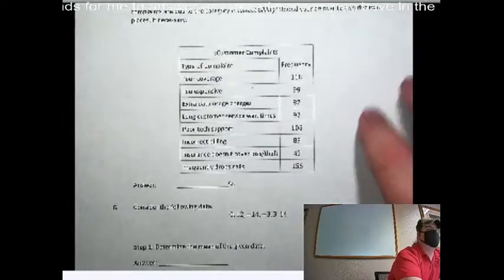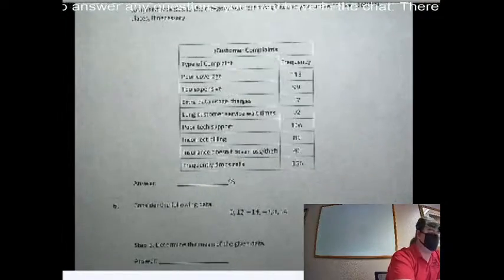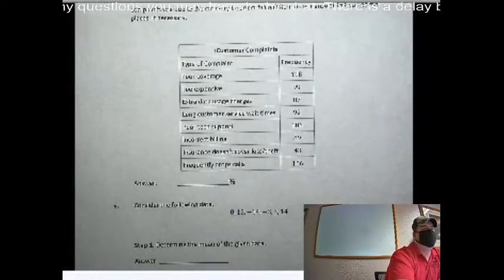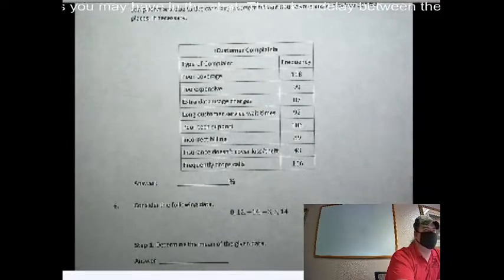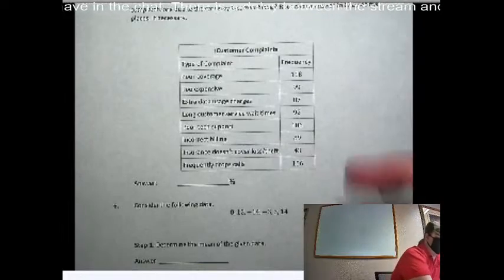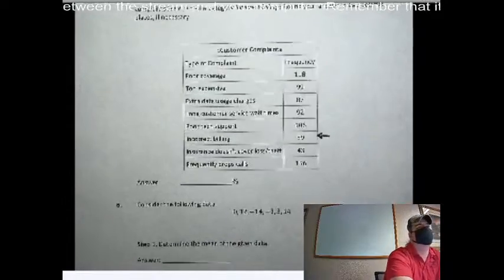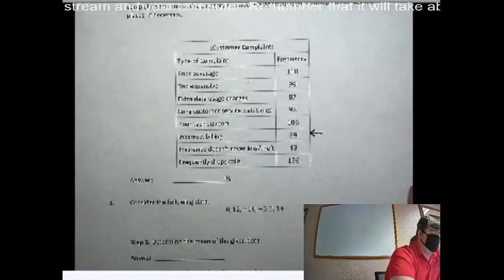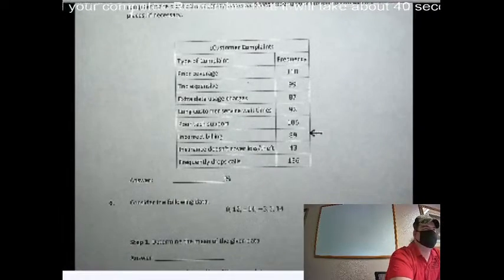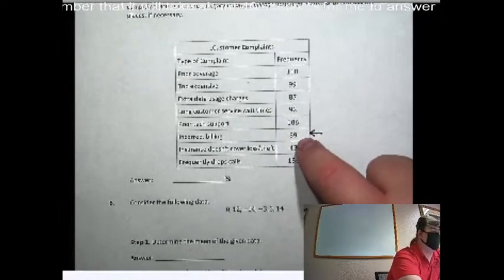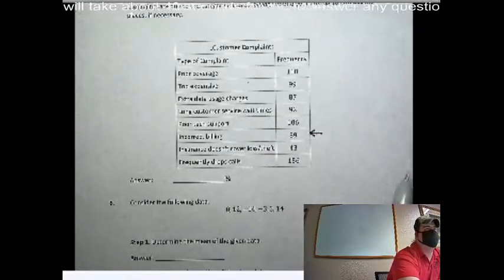So we've got a frequency table here, and we want to know what percent of these frequencies is incorrect billing. This category right here. So what we want to do is basically take this as a part out of a whole and convert it to a percent.